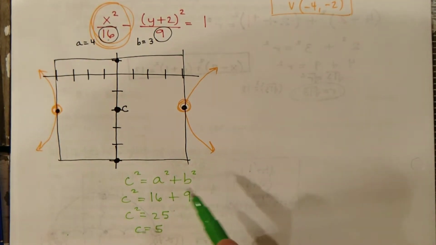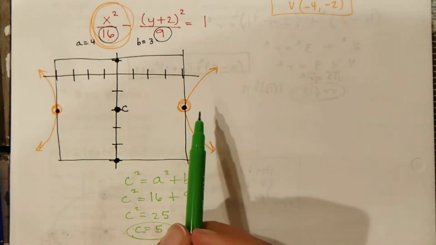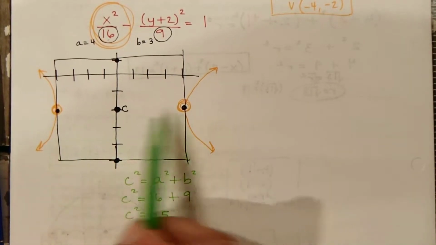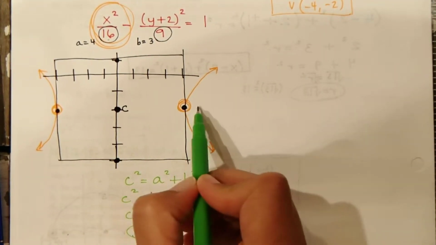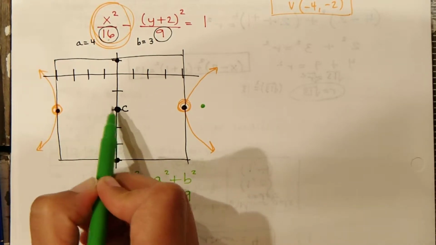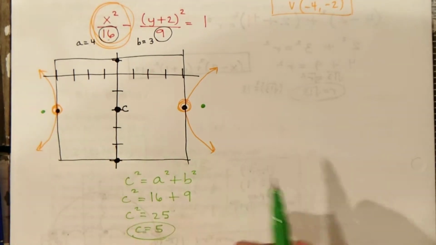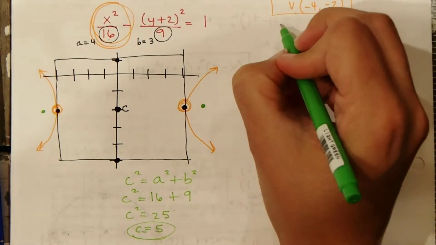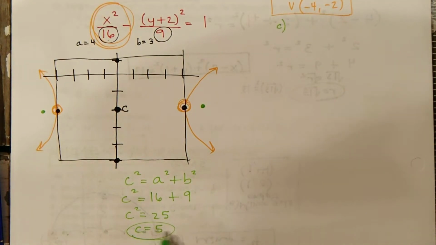So that tells me that my foci are 5 from the center on each side. And you always move, of course, on the axis that's leading. So we're going to go 1, 2, 3, 4, 5. 1, 2, 3, 4, 5. So there are my foci plotted. And then in order to actually write their coordinates, I'm just going to add 5 to the center.